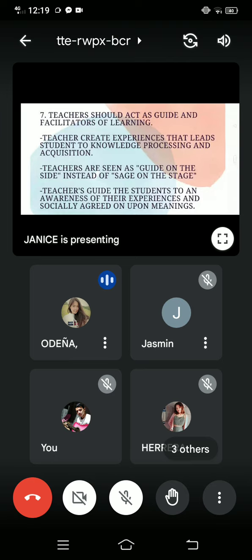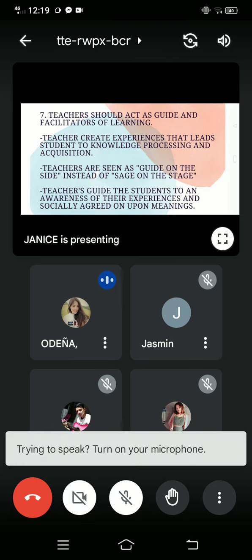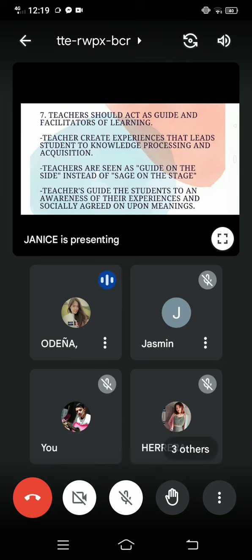Unlike sa constructivist approach, sasabihin ni teacher na, I need to know what you know, or I need to understand how you learn. Kasi sabi ni teacher, I'll help you develop understanding. Pero para sa ibang student, ang dating niyan ay terror si teacher or mahigpit si teacher.